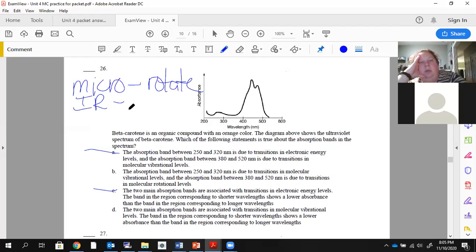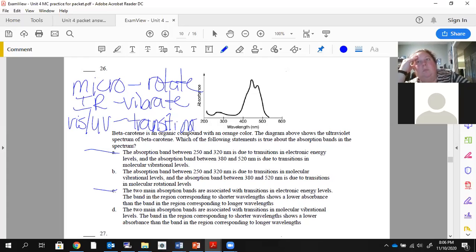Infrared causes vibrations, and visible and UV cause electrons to jump energy levels, or they call it electron transitions. The diagram above shows the ultraviolet spectrum of beta carotene, so these are all ultraviolet wavelengths. They should all cause electron transitions and nothing else.